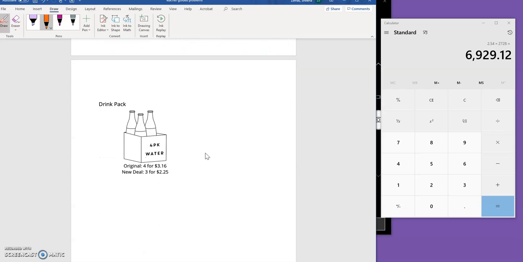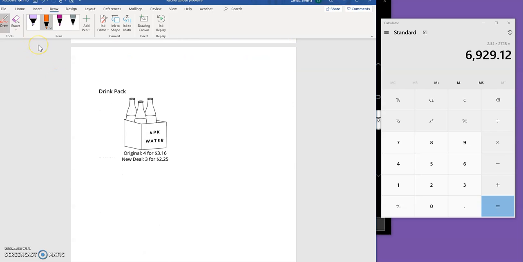Let me show you one more problem, a very common application of finding a unit rate. In this problem, I want to identify which is a better deal: the original one where you buy 4 bottles for $3.16, or our new deal where you buy 3 for $2.25. I cannot compare these two numbers right now because the number of bottles is different.